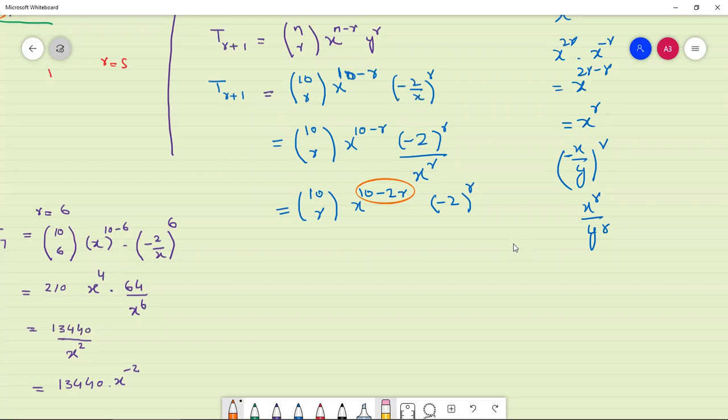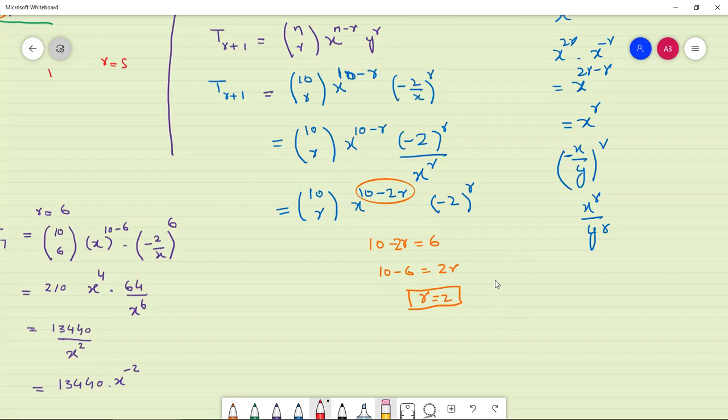He was asking to find the coefficient of x power 6, so we put 10 minus 2r equal to 6 and find the value of r from this equation. 10 minus 6 is equal to 2r, so 4 divided by 2, and r is equal to 2 by solving this linear equation. So we have found r is equal to 2.